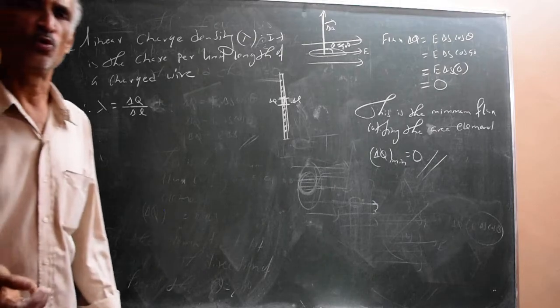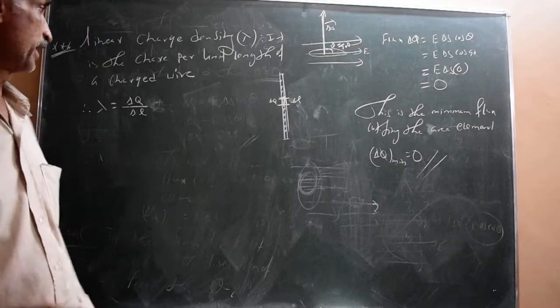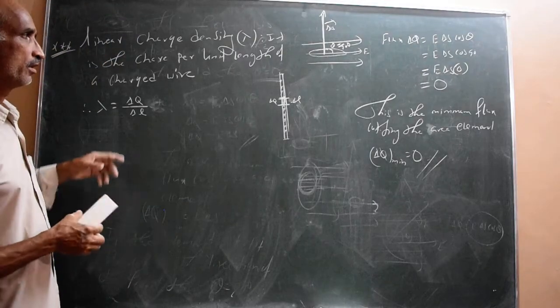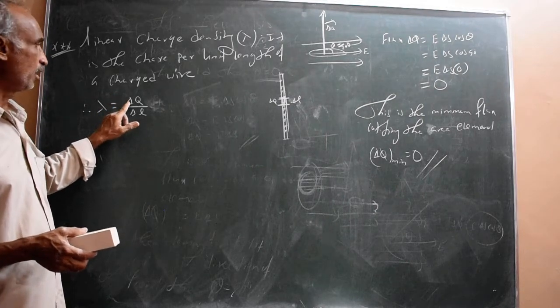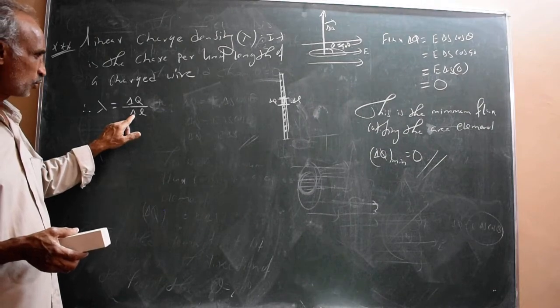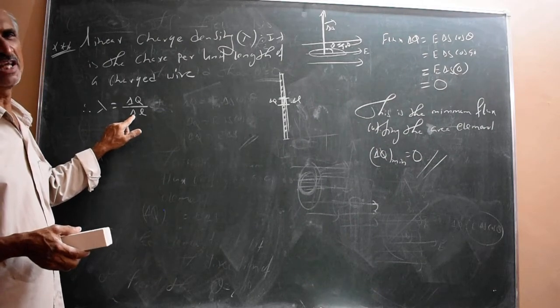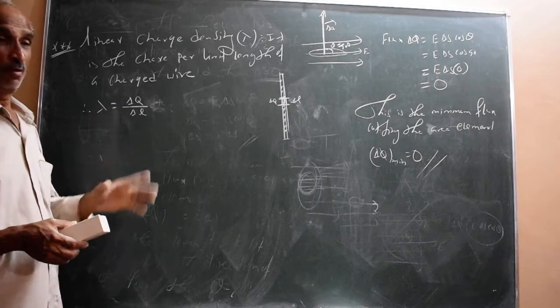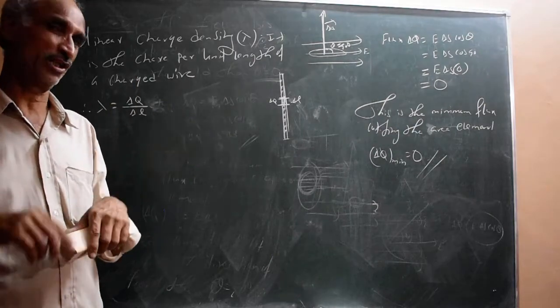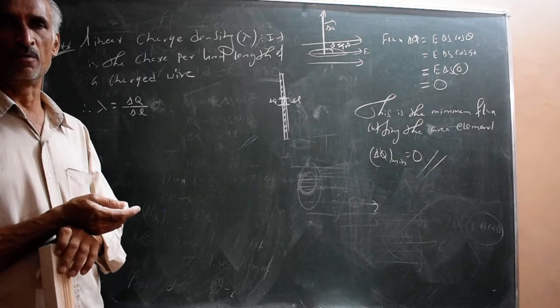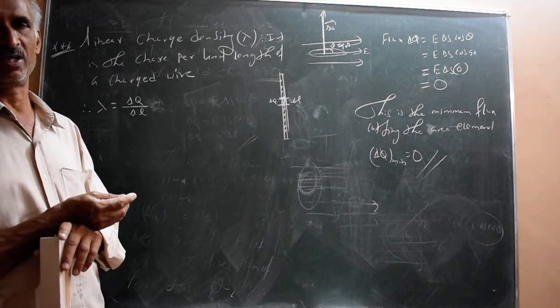What is delta Q? Delta Q is the amount of charge in a macroscopically small line element. Macro means large scale, micro means small scale. In first year you studied macroscopic and microscopic phenomena.